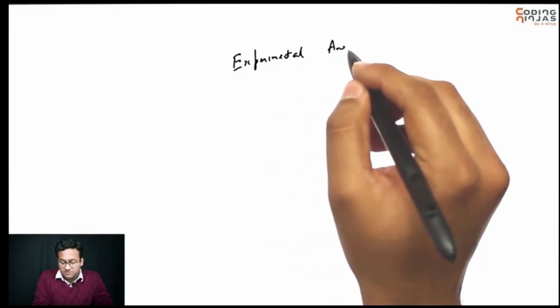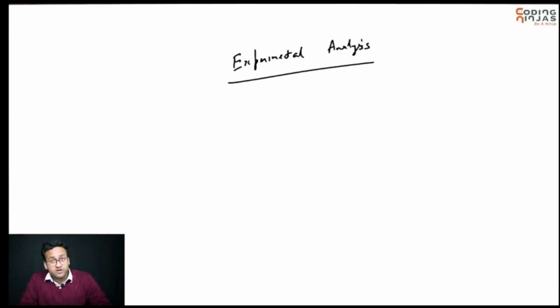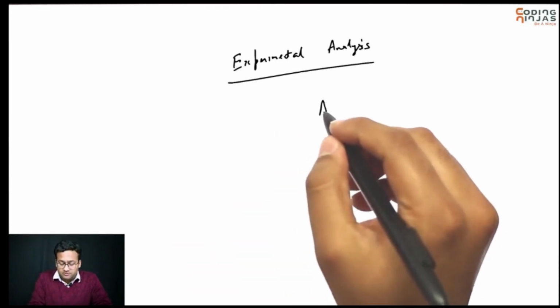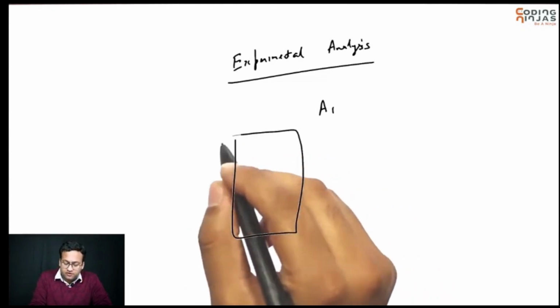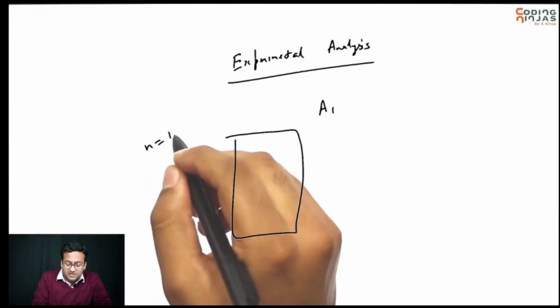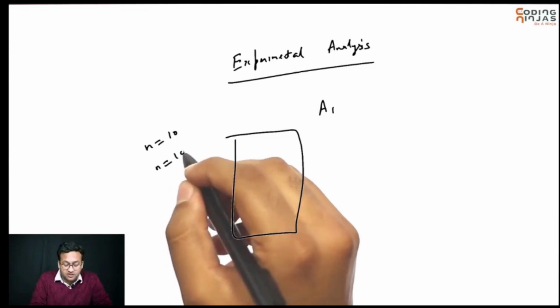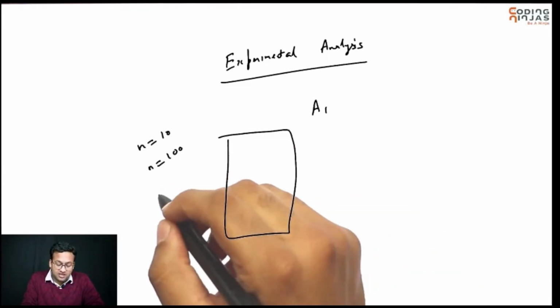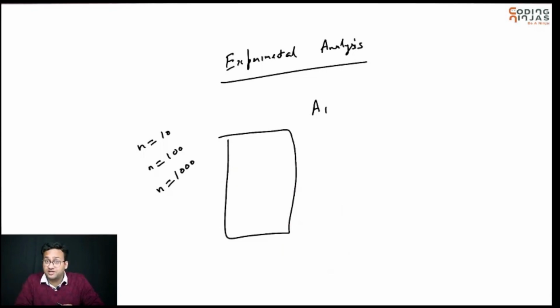We call it experimental analysis. The idea is very simple. I have an algorithm A, let's say A1. Let's write code for A1. Once I have code for A1, I will give it an input size of, let's say, 10 and see how much time it takes. Then I'll give it an input size of 100 and see how much time it takes. Then an input size of 1000, and again I'll see how much time it takes.